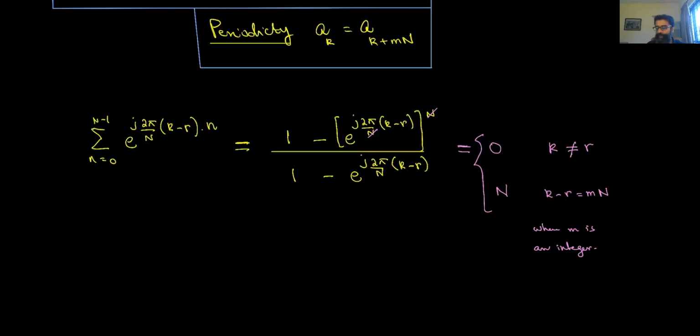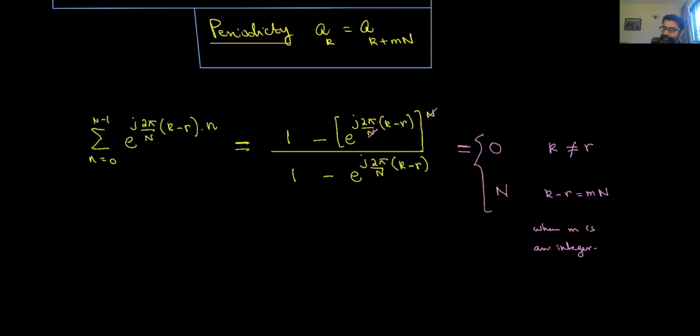Right, so technically speaking, it could be 0, capital N, 2N, 3N, or minus N, and so on, because for every value of k minus r which is equal to an integer multiple of capital N, this will turn out to be e raised to j 2 pi times some integer, which is always equal to 1.